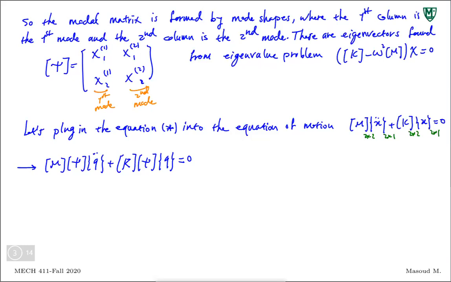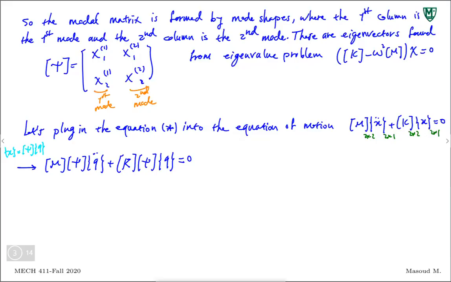I just replaced x, right? This was the transformation. I replaced x is equal to psi q. X double dot becomes psi q double dot. Psi is just a matrix of numbers, constants.